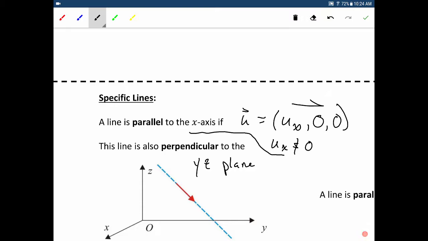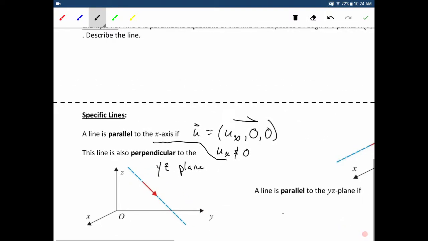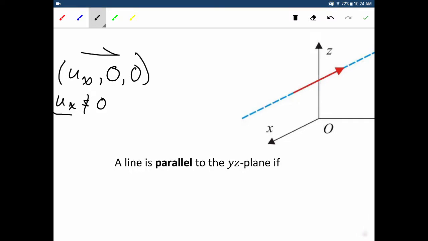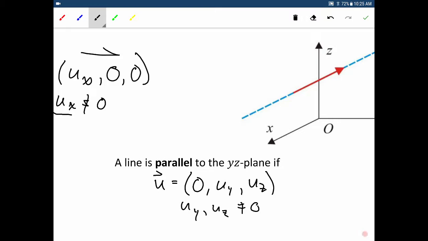So if you wanted a line to be parallel to the YZ plane, then you would just have to have a direction vector that has no x component, but does have a y component and a z component. And then, of course, neither of those can equal 0. Okay? And there we go.